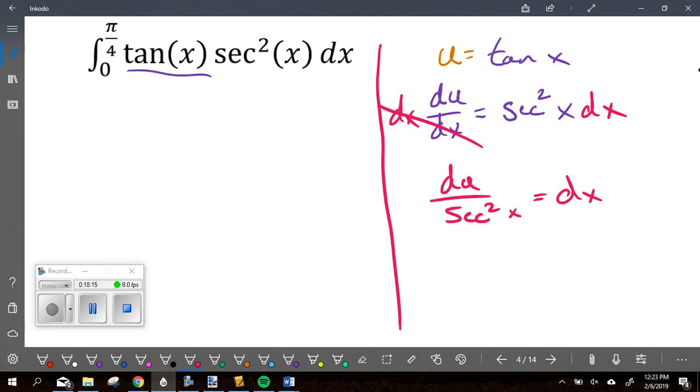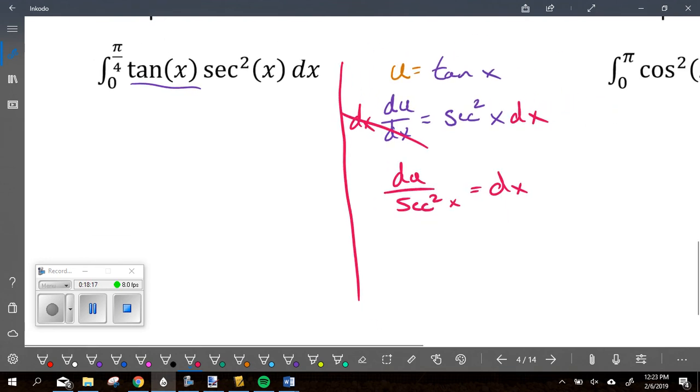There's one other thing we have to deal with, though. These bounds over here, this 0 and that pi over 4, were supposed to be plugged into x values. It was set up to be plugged into x values, but here in a second, everything in my problem is going to have a u in it. And so when we do this, we also need to change our bounds. And this seems tough, but it makes this problem pretty straightforward.